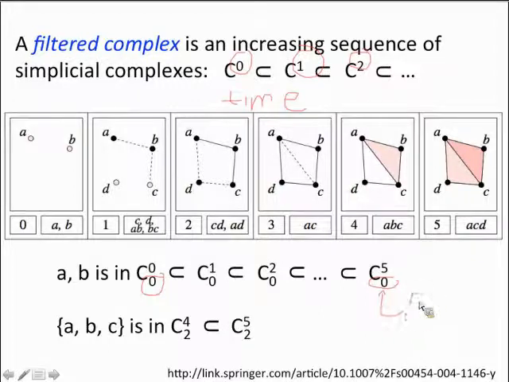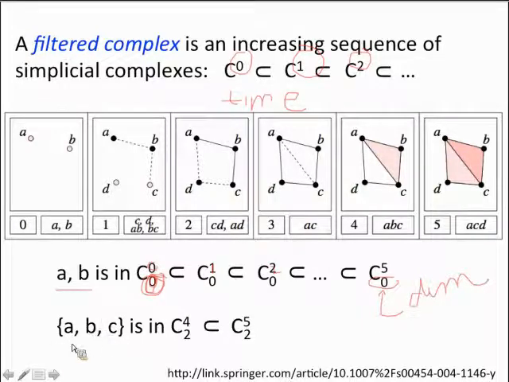So we can have our 0-simplices. If I take A and B, these vertices are 0-simplices, and they exist at time 0, at time 1, at time 2. So my 0-simplices, A and B, are in all the complexes, even when I restrict to dimension 0.